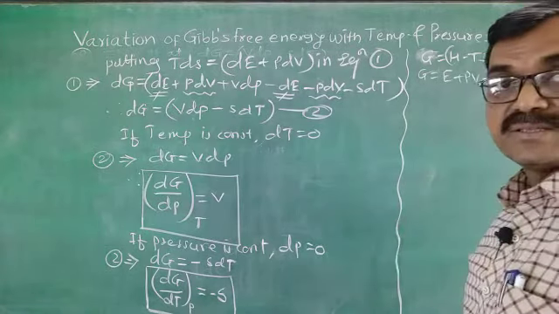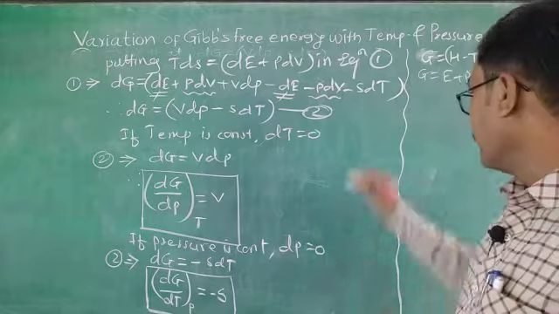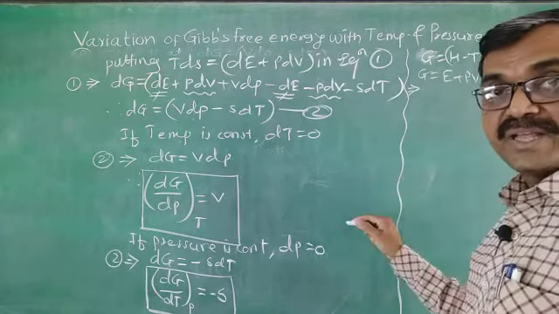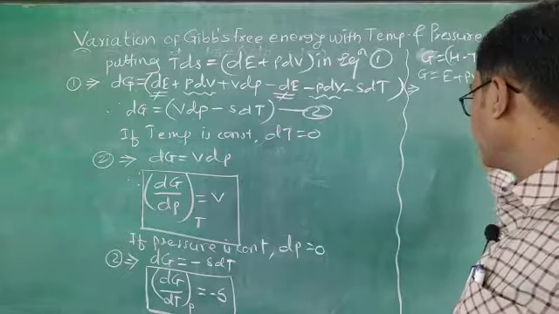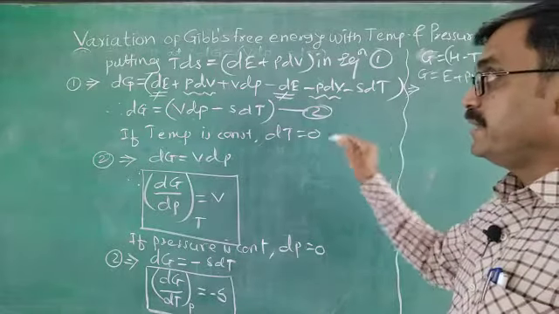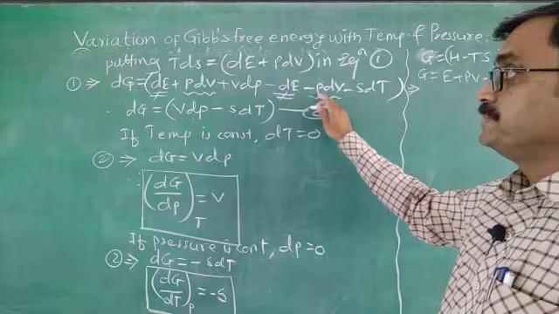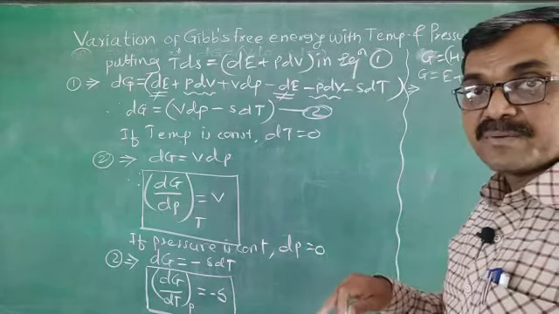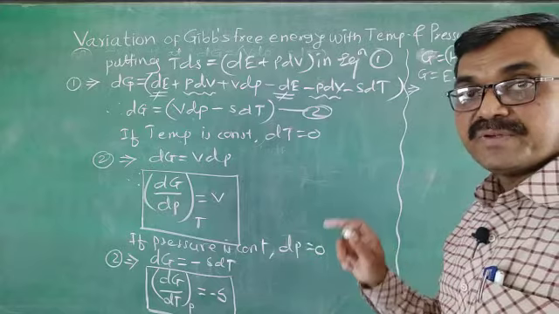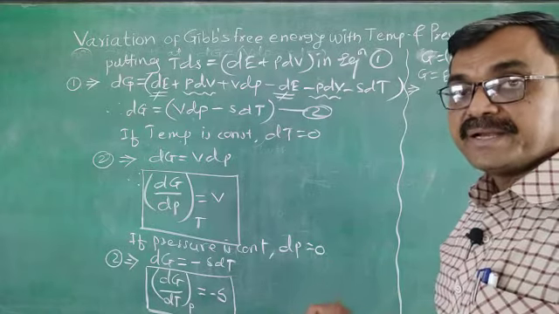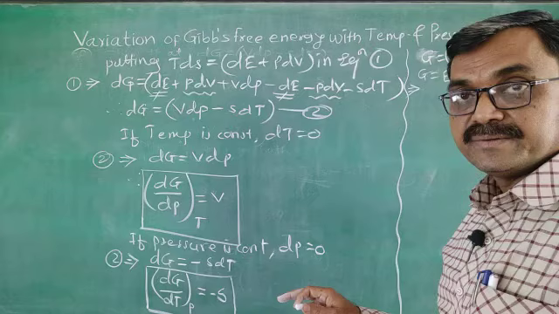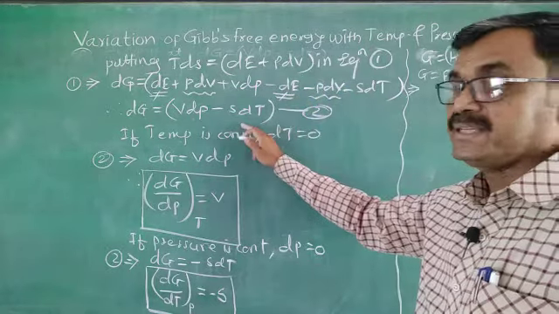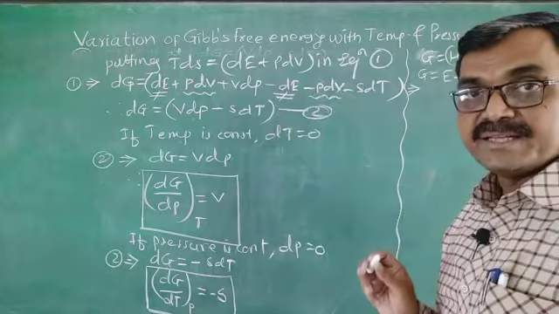The remaining terms remain as they are. Now differentiate on both sides. After differentiating, we get this derivation. Before this, you must know the first law of thermodynamics and the definition of entropy change, from which the TdS value is calculated. After putting this value of TdS, you will get dG equals VdP minus SdT.